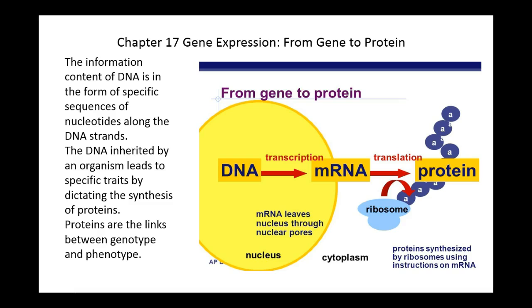That process is called translation. And this is what we want to learn about here. That's, in a nutshell, what's happening: DNA, which is your genotype, is giving the instructions to create a protein which would manifest your phenotype, what you actually look like, or how you present.